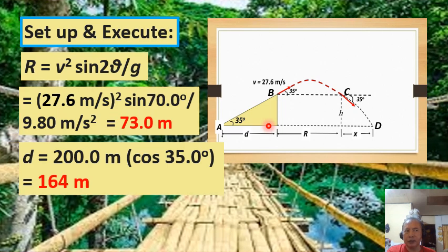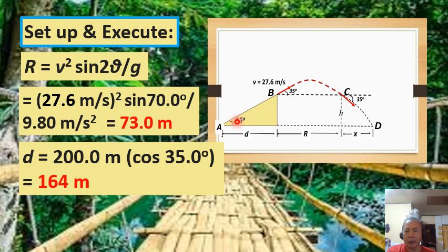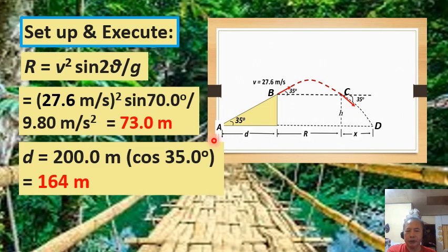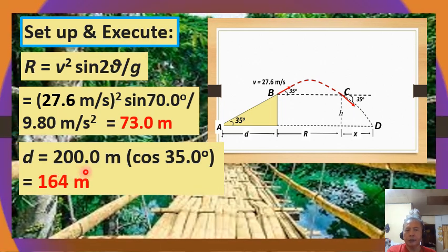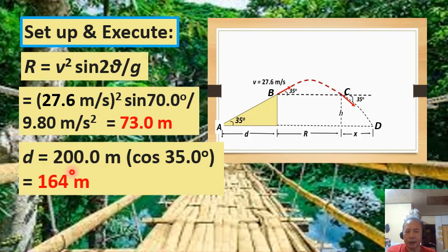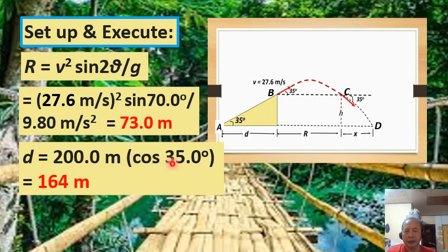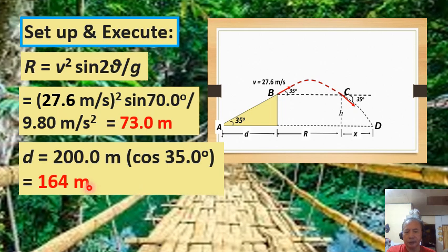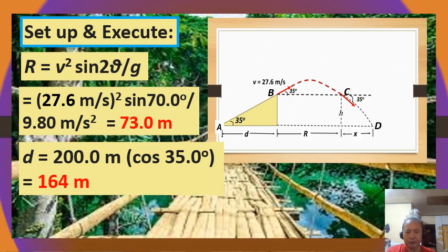So the ratio of that adjacent side to the hypotenuse, or the length of the ramp, is actually equal to cosine 35.0 degrees. That's why we can find the distance small d, okay, by just multiplying 200.0 meters and the cosine of 35.0 degrees, which of course is equal to 164 meters.